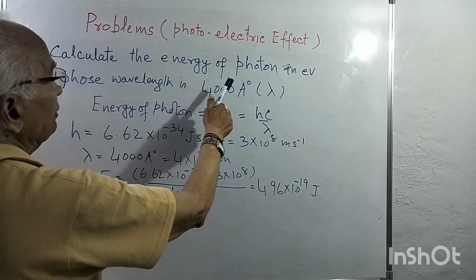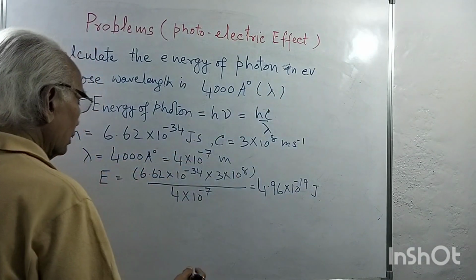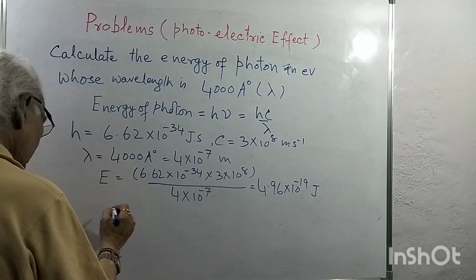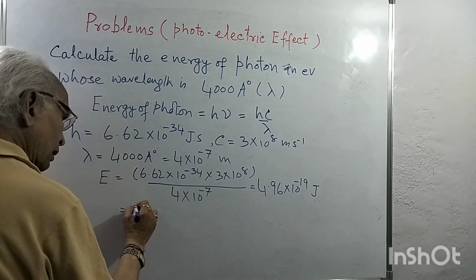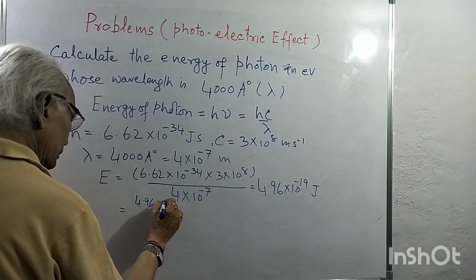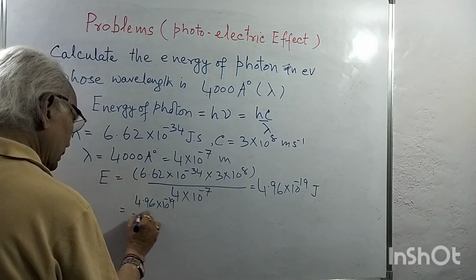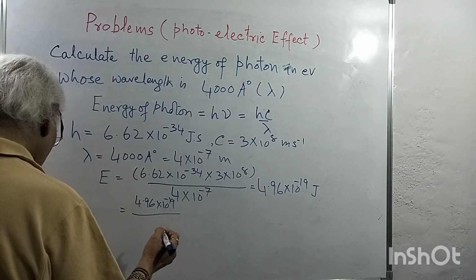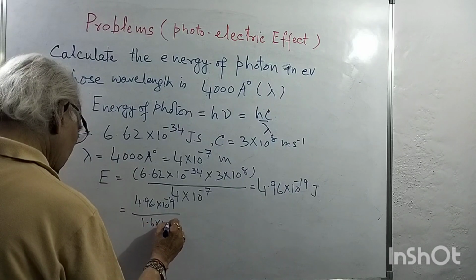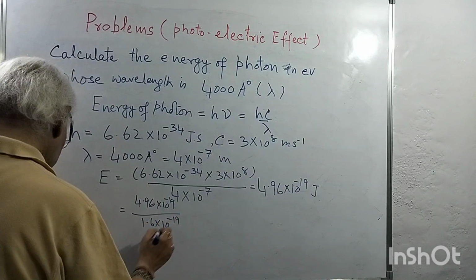But the answer is wanted in eV. So you convert this joules into eV. We know that, 4.96 into 10 to the power minus 19 divided by the eV and joules relation, that is 1.6 into 10 to the power minus 19.